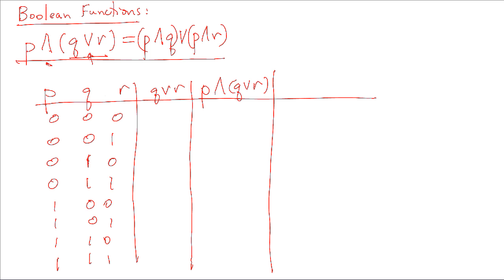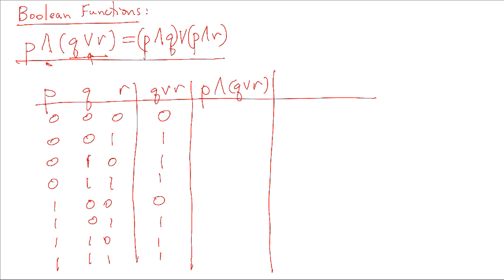Q or R: I'm going to look at these two columns for Q and R. And remember, the OR statement is only false when both of them are false. So I'm going to look down at these rows, and I see that there are only 2 rows where both Q and R are false. So for both of these rows I'm going to give a 0, and all the others I'm going to give 1s.